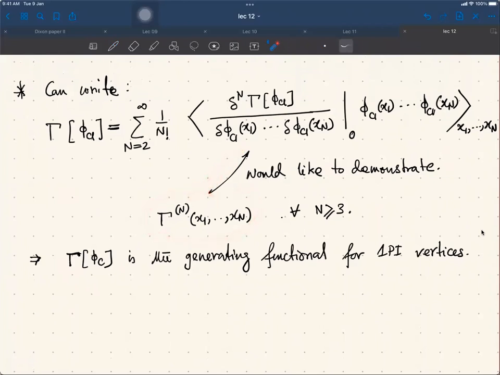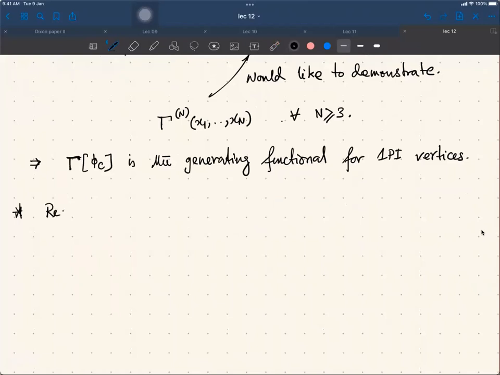These are 1PI vertices, and recall that each 1PI vertex starts out with the primitive vertex, and higher order in lambda.